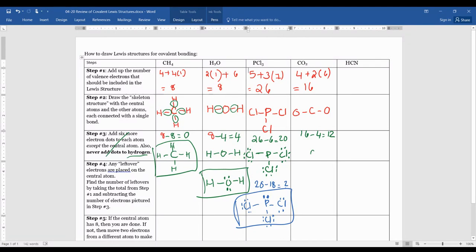Now since I have oxygen and not hydrogen, I can give the 6 electrons to the oxygen. So if I do 6 electrons on each of these oxygens, I have 12 minus 12. That's a 0. I'm going to take another color. Let me draw this. So I have nothing remaining.